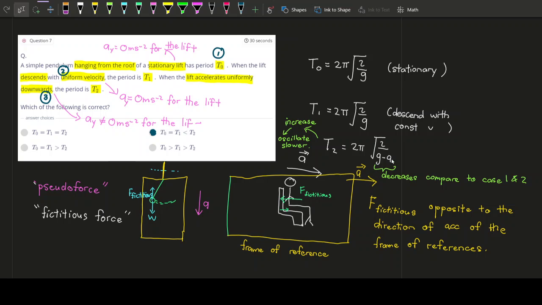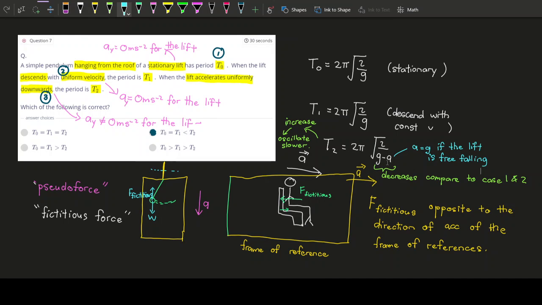If the lift is free falling, then a will be equal to g.